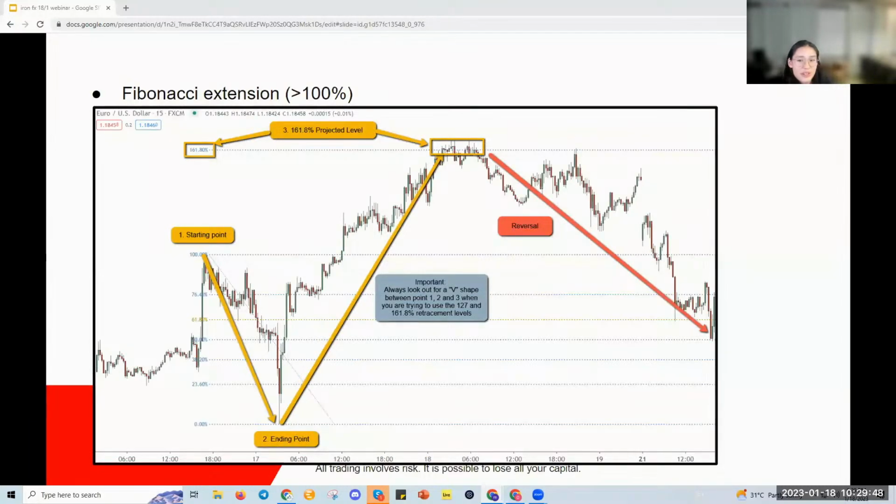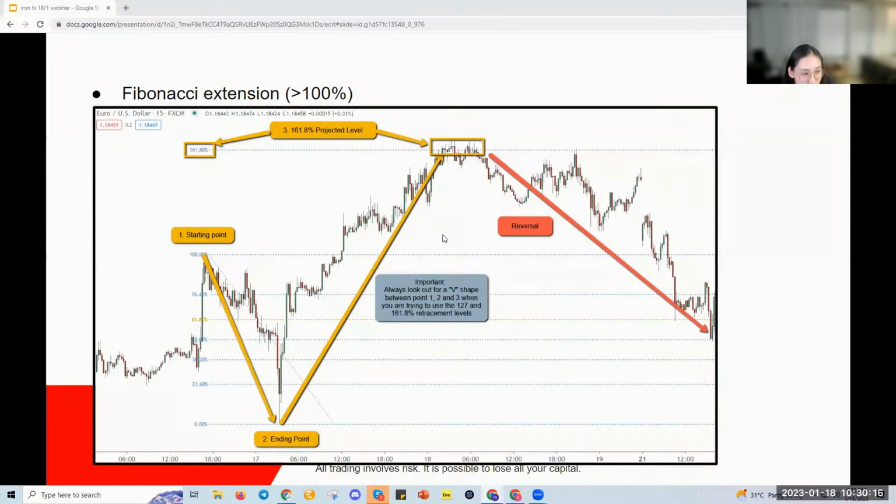Okay, no worries, let me try and explain it again. The 127 level is obviously below the 161 and above the 100. It should be in between this area here. So if price hasn't reached the 127 level yet, it's not advisable to go in for the trade at 161 because it hasn't broken the level yet.